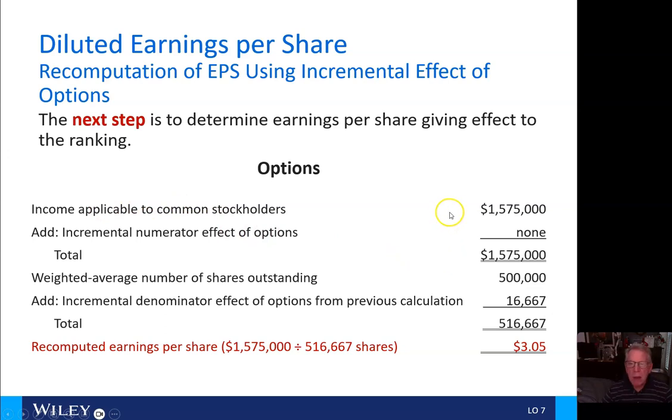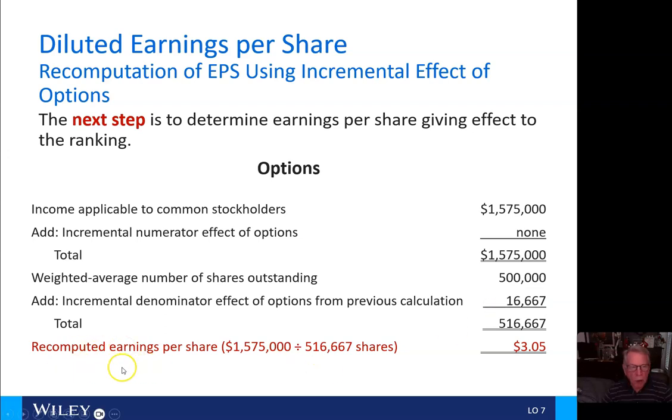So we have income applicable to common stockholders, which is $1,575,000. The incremental numerator effect of options, which is none, gives us that same total, divided by the weighted average number of shares outstanding. So we're going to add the incremental denominator effect of the options from the previous calculation, and that's 16,667.